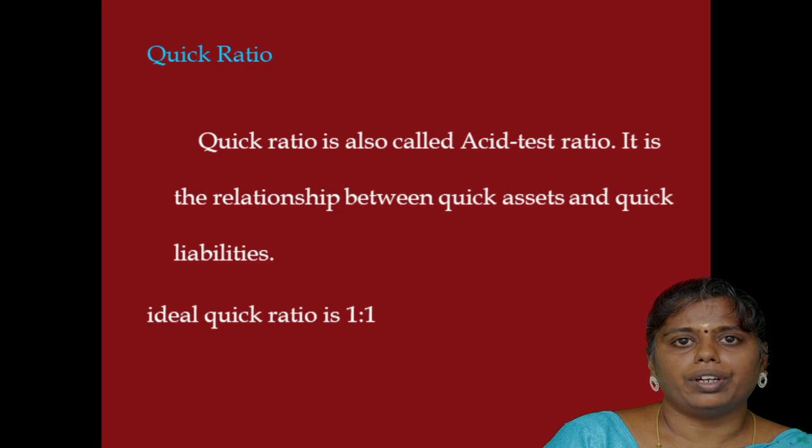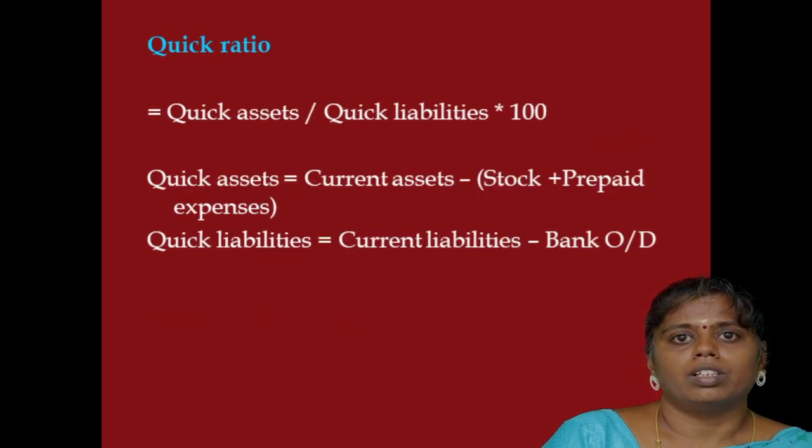Next, the quick ratio. The quick ratio is also called the acid test ratio. The ideal quick ratio is 1:1. The formula is quick asset divided by quick liability. Quick asset equals current asset minus stock plus prepaid expenses.